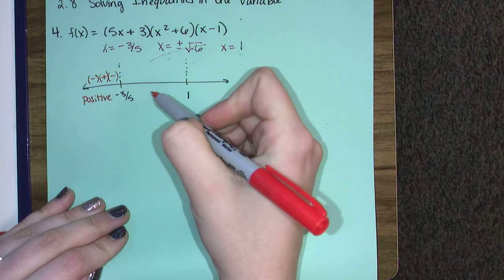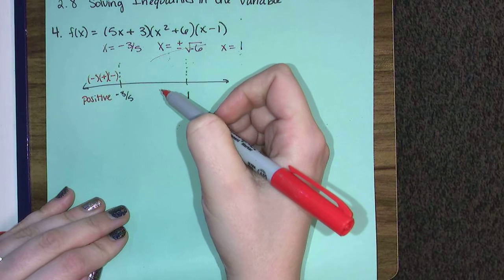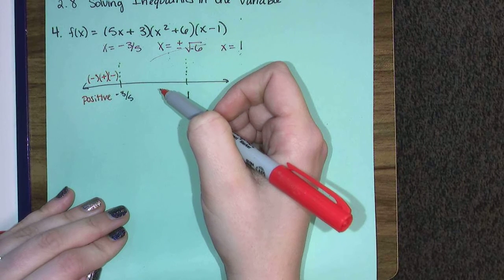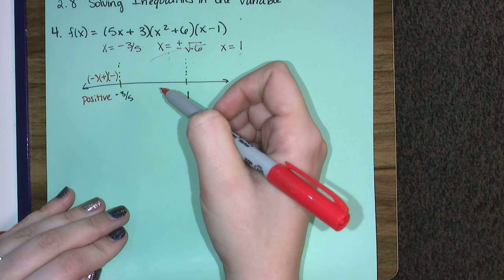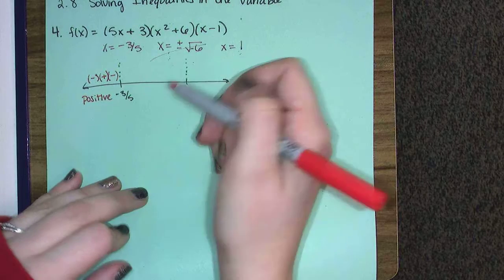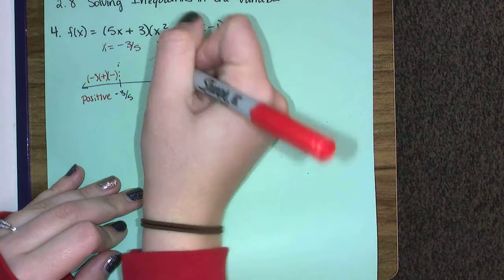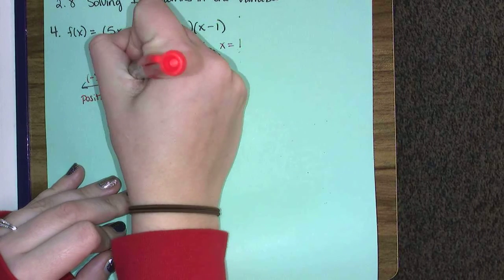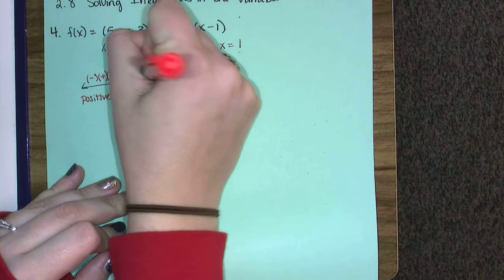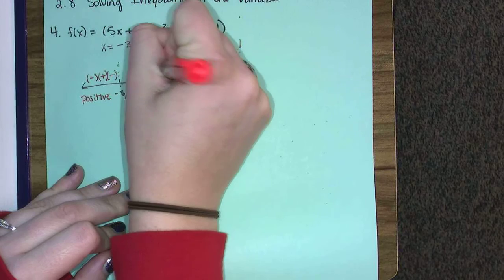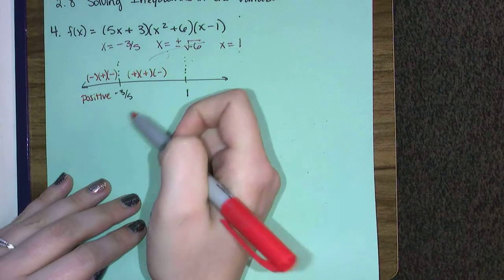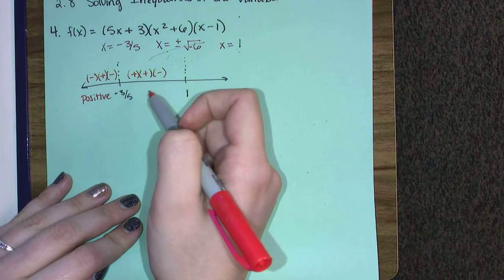Okay, how about from -3/5 to 1? What number do we want to check? 0. So plug in 0 up there and tell me what we have in each spot. Positive, positive, negative. Okay, meaning this is what? Negative.